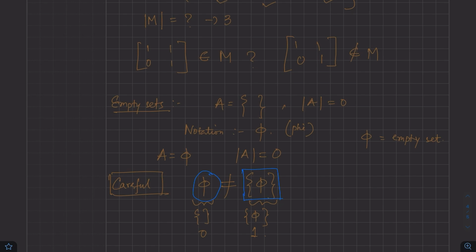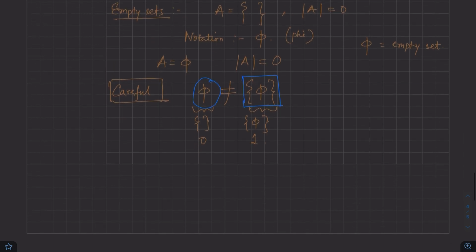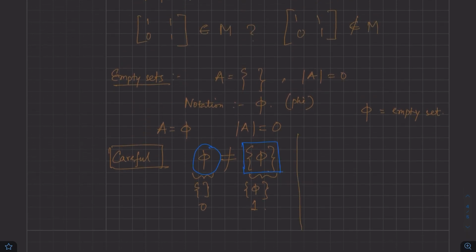Let's move on to some more problems. Let's expand on this very particular set having variations of empty sets as its elements. Let's take a set K which has these elements. Well, what's the cardinality of K? It's 3 because it has 3 elements. Always remember, a set can have a set as its own element. What you can draw an analogy with is, think of K as a box containing 3 things.